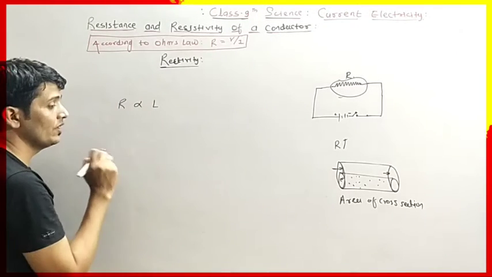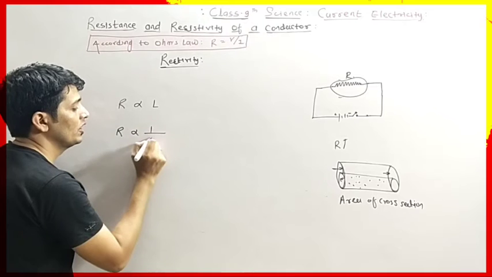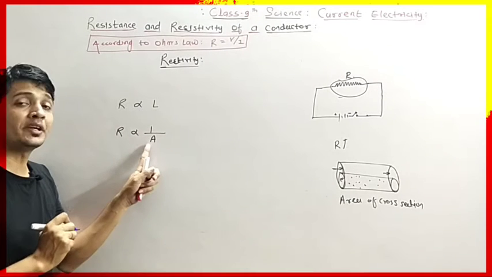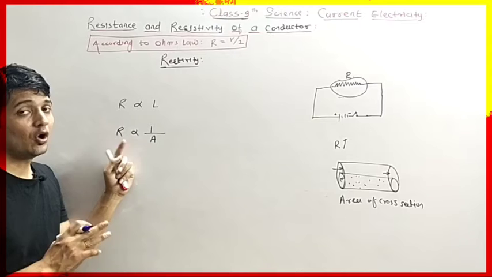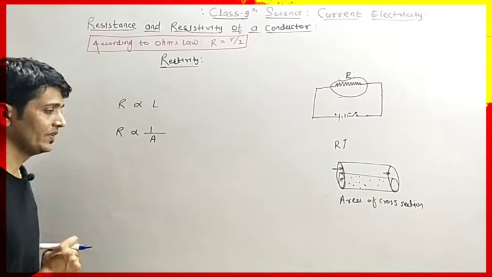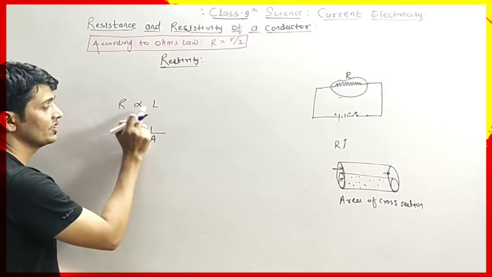So it is an inverse relation. R is inversely proportional to the area of cross section. If area increases, resistance decreases. So this is the relation for resistance and length.